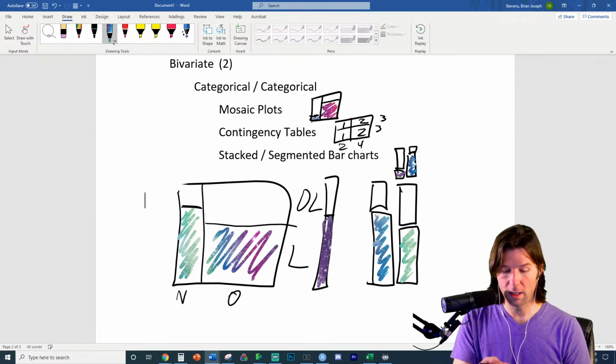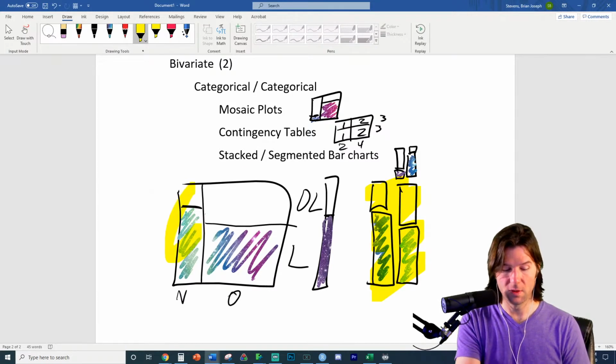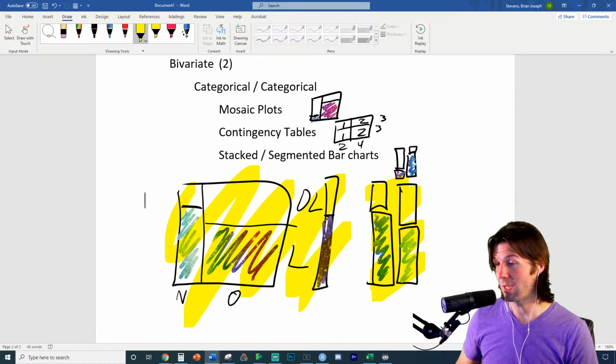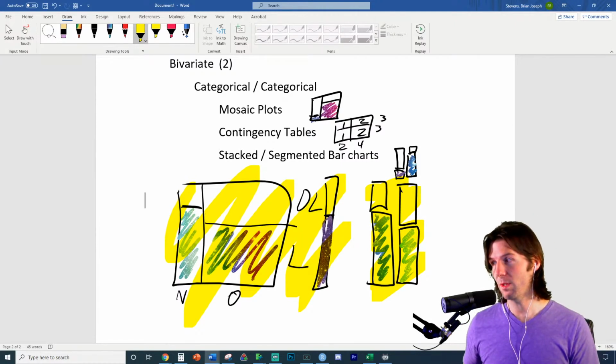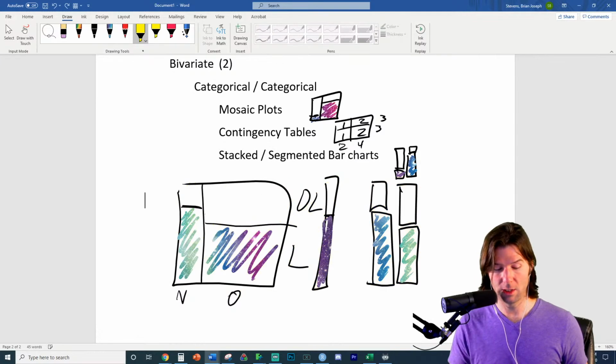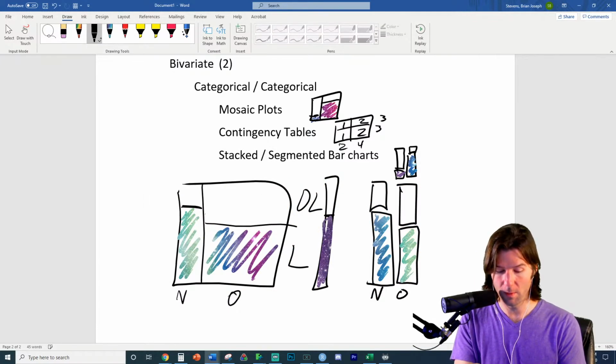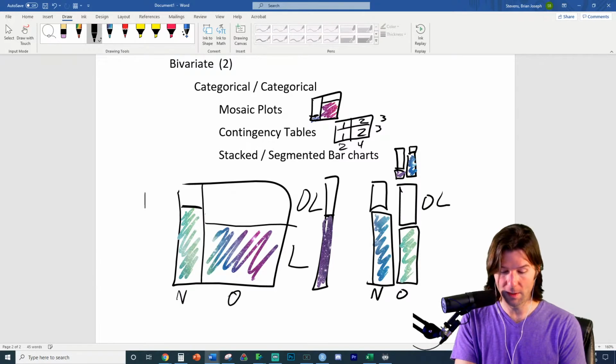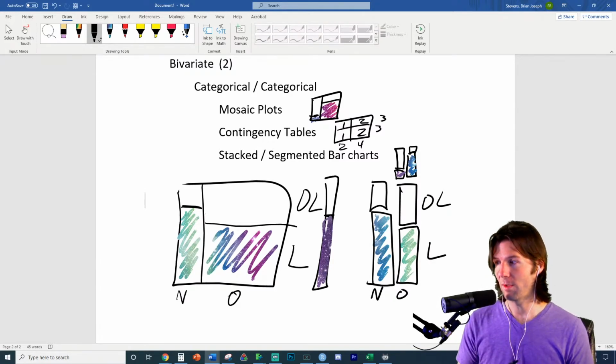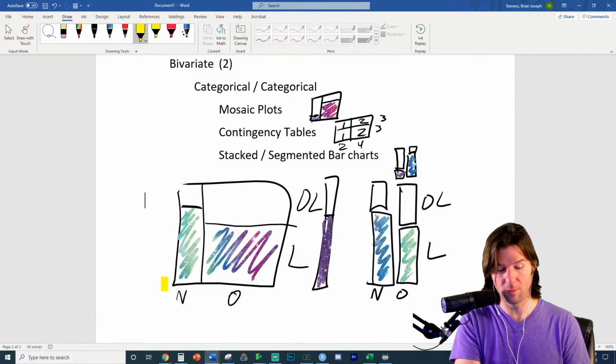So why do this? This is the stacked or segmented bar chart versus the mosaic plot. The mosaic plot gives more additional information. So why do a graphic that doesn't give you as much information? It makes more sense to do a graphic that also gives you the marginal distributions.